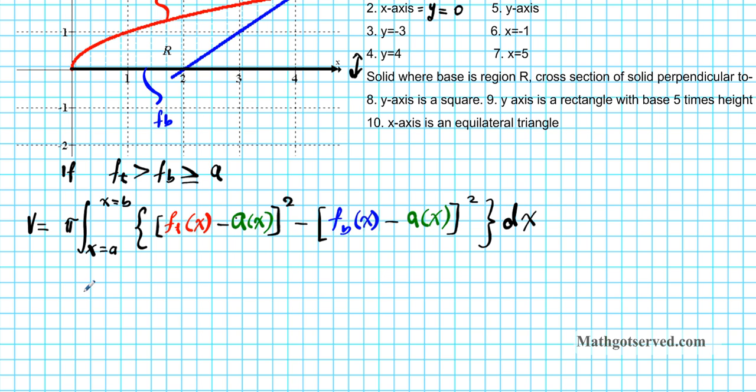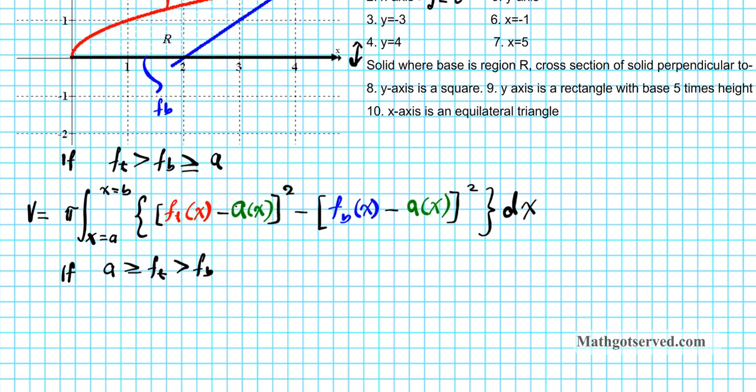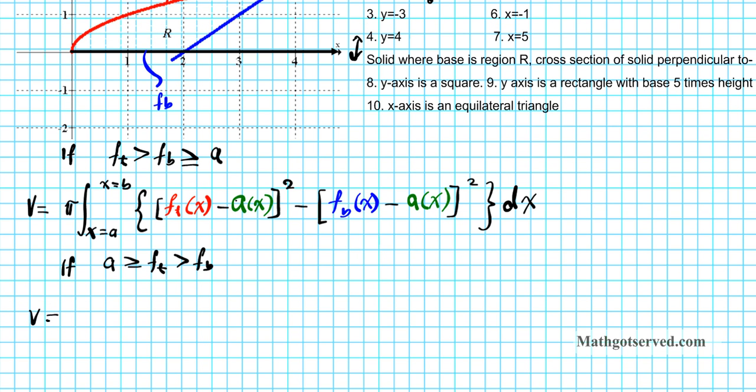Now, if a is greater than or equal to the function on the top, and the function on the top is greater than the function on the bottom, our volume is going to be similar to this, but the only thing that's going to happen is that these two quantities switch and the order of the terms in the parentheses switch also, okay?